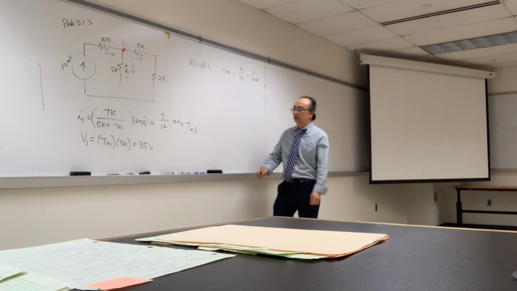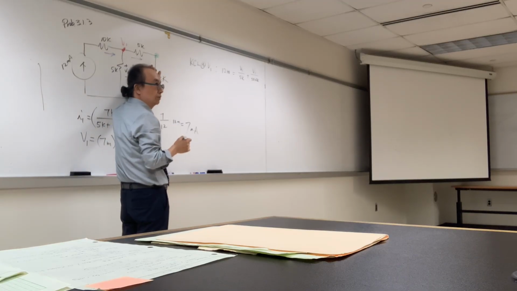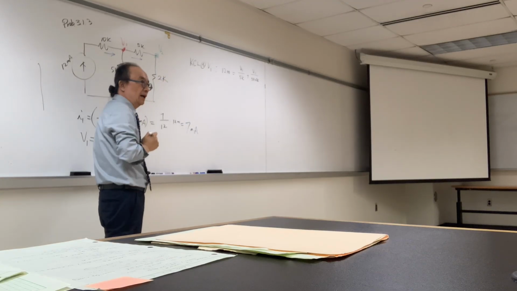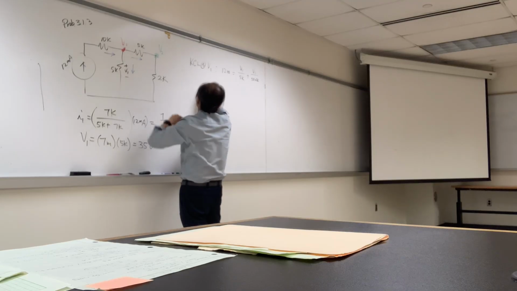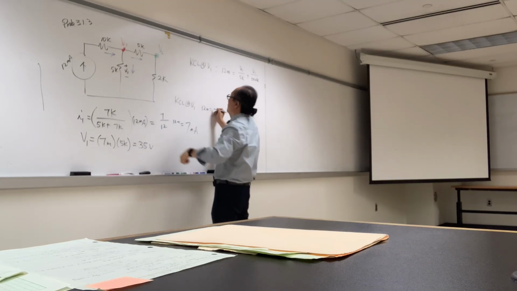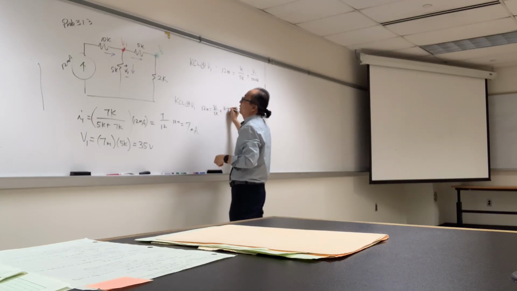Hey, Dr. Kim, it's a nodal analysis. So do we have another node here? That's true. And if you want to do this as a V2, we can do that. If that is the case, we need to do KCL at V1, so 12 milli entering equals leaving, V1 over 5K plus V1 minus V2 over 5K.